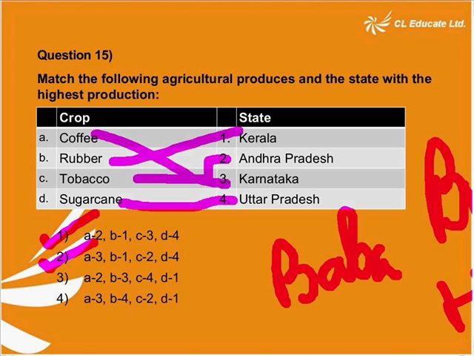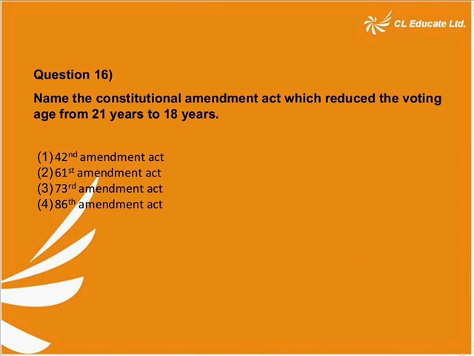The 86th Amendment Act, if you remember, is famous for the right to education. The 73rd Amendment Act established the Panchayati Raj system. The 42nd Amendment Act is the most common one, which resulted in the whole reassessing of the Constitution.